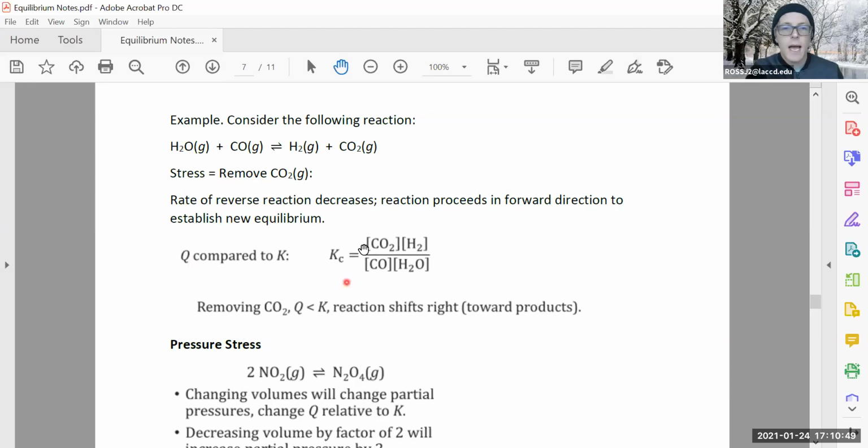If we look at the expression, it doesn't matter here if you call it K or Q, but let's call it Q. If we've removed CO2, then the concentration of CO2 has gone down.